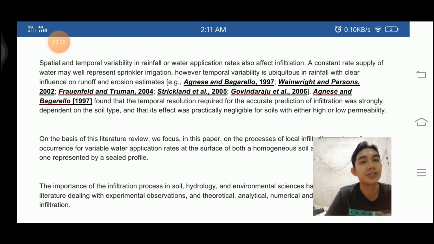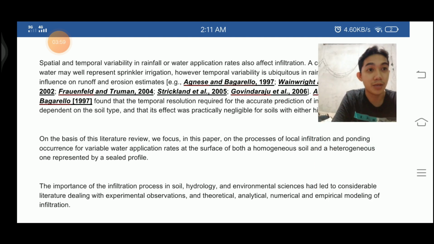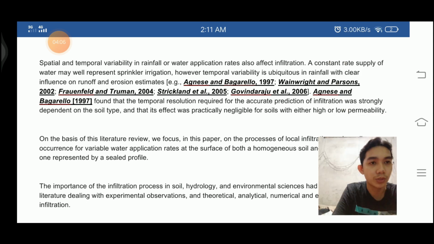So we already know that we have different types of soils, and of course some factors will depend on it, and it really matters. It will depend on how the ponding time will occur.